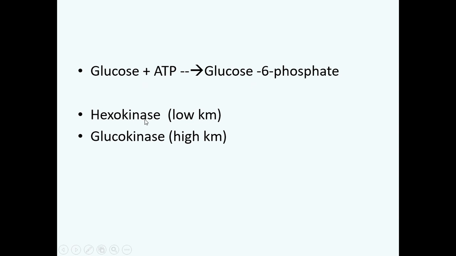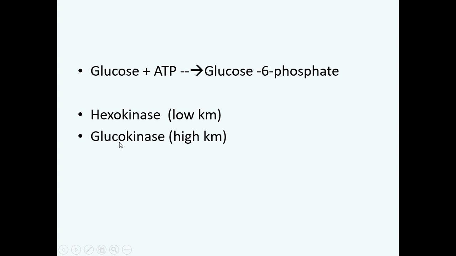But when glucose concentration increases, hexokinase is already saturated with glucose because it has a low Km, so its maximum rate of reaction is achieved at a relatively low concentration of glucose. So when the glucose concentration increases, hexokinase is not able to utilize that additional glucose. This is where glucokinase comes into play.